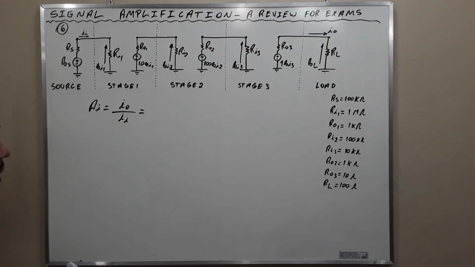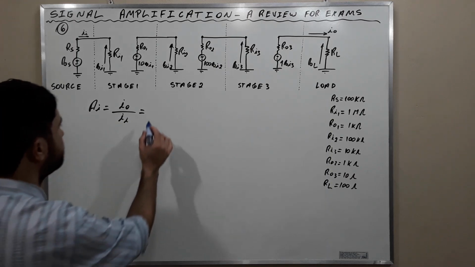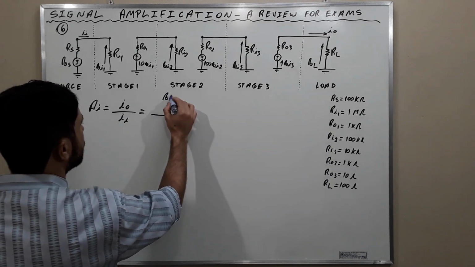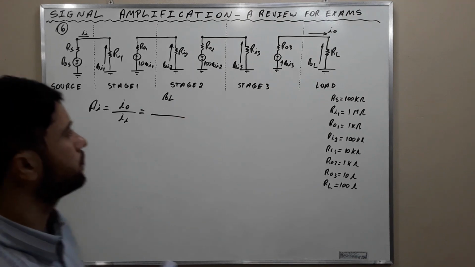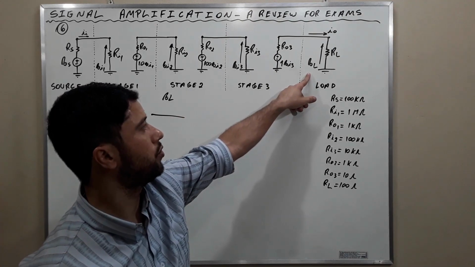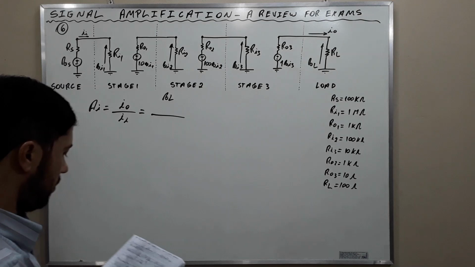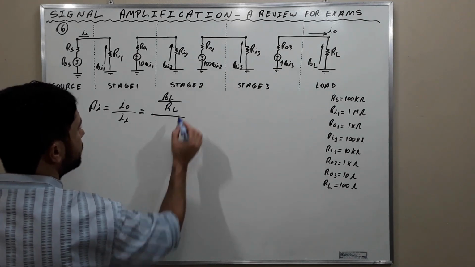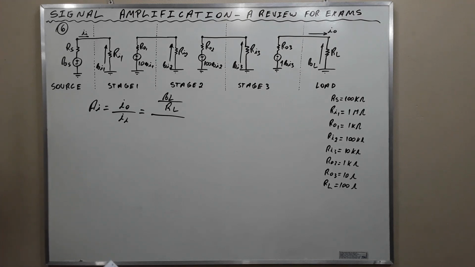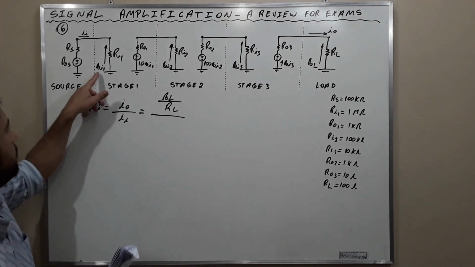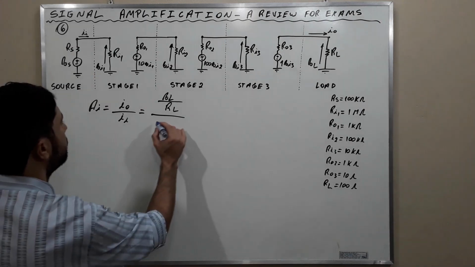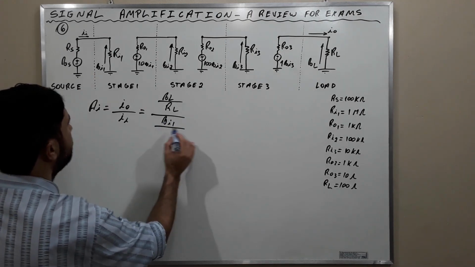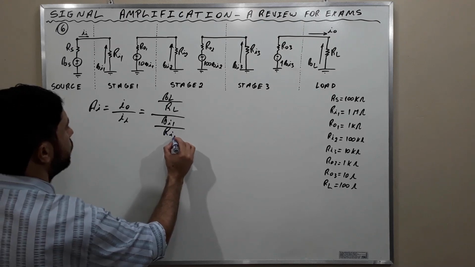The output current is VL, the voltage on the load, divided by the load resistor, and the input current is VI1 divided by RI1.